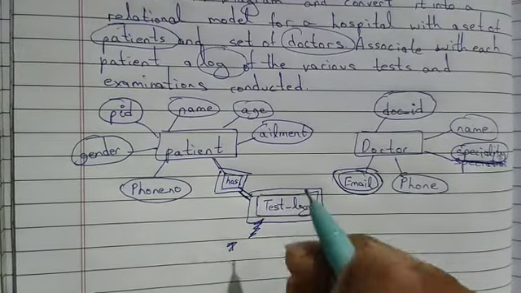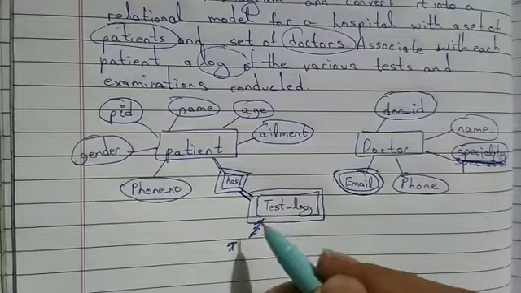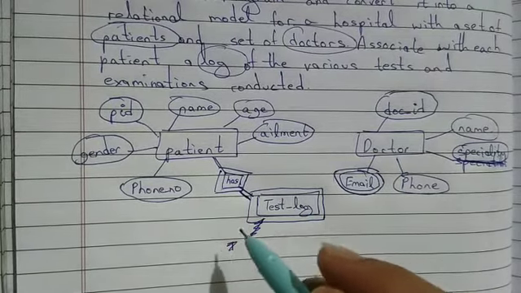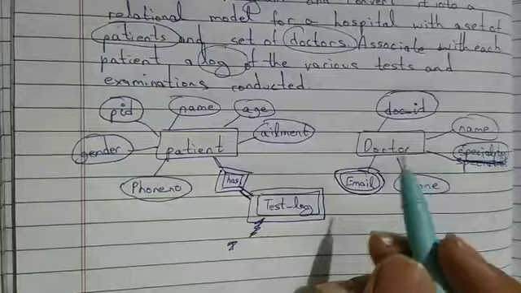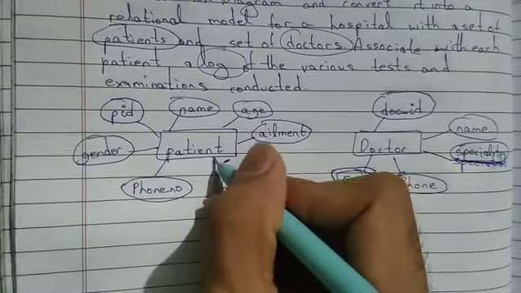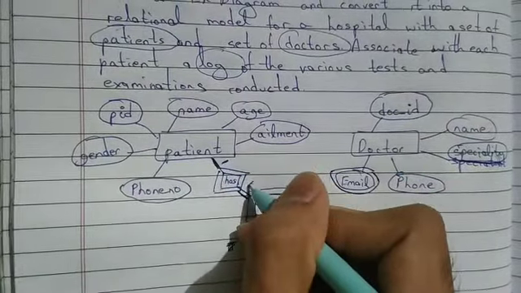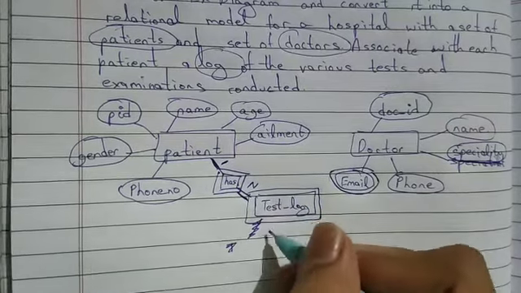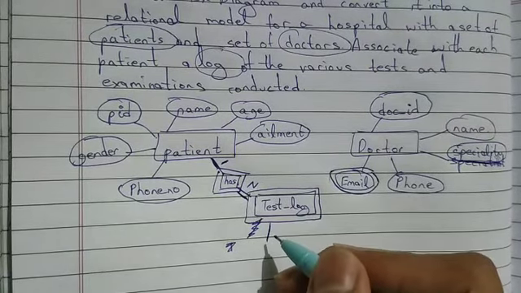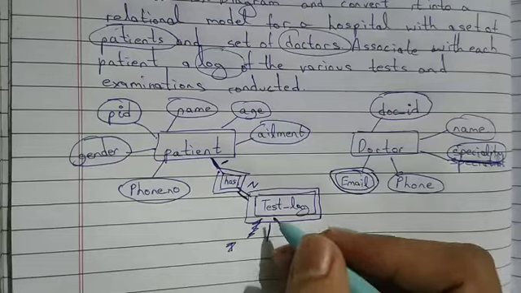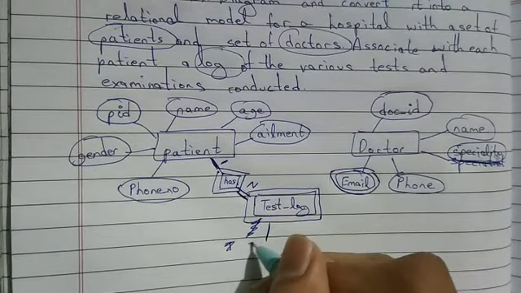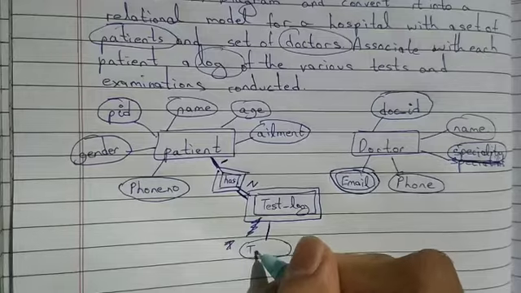Okay, and now one patient can have any number of tests, no? Like perhaps the doctor said to do a blood test, then he told to do a stress test or something. So one patient, this is a single line. Okay, so one patient can have n number of tests. So that's why we made this relation. Also now, in the test log we can put the test name.